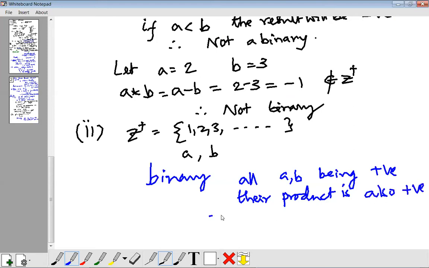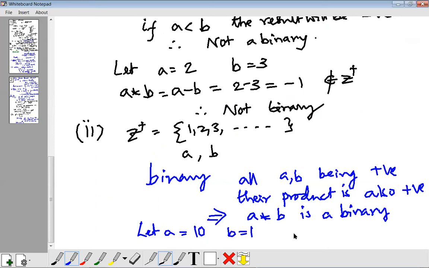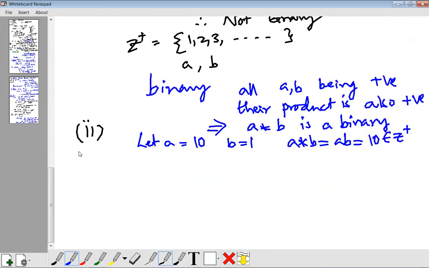So that implies that A star B is a binary operation. We can pick up an example that A is equal to 10, B is equal to 1. So A star B equals AB is equal to 10, which belongs to Z plus. That's it.